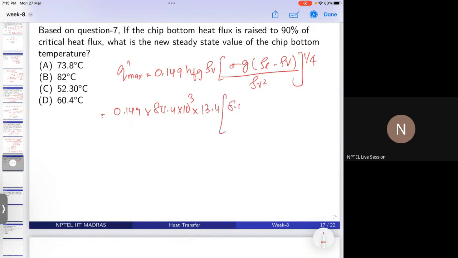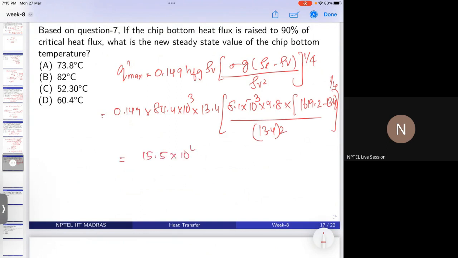Sigma 8.1 into 10 raised to minus 3, into 9.8, into 9.2 minus 13.4, the whole square. If you do that, you will get the critical heat flux as this much.